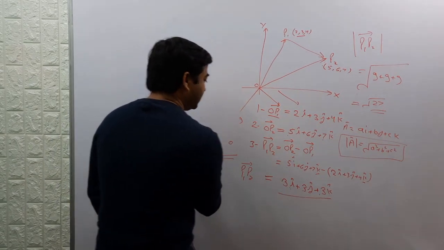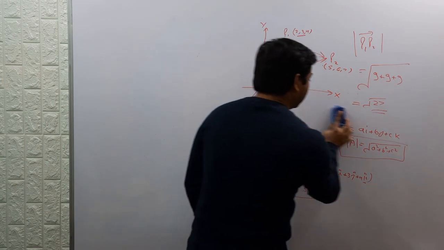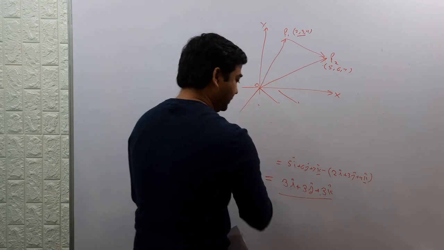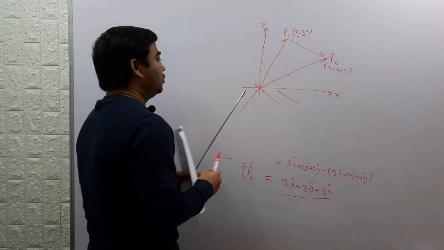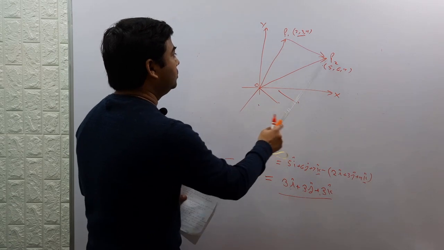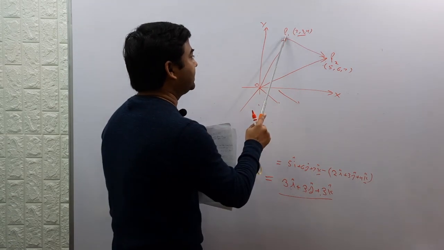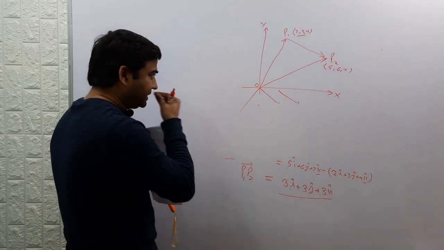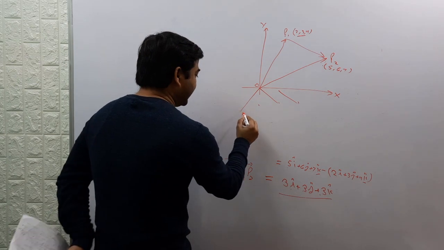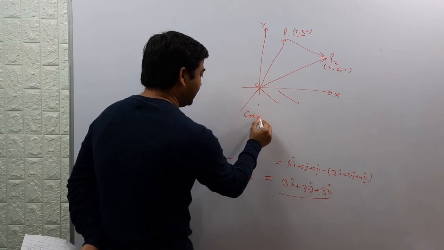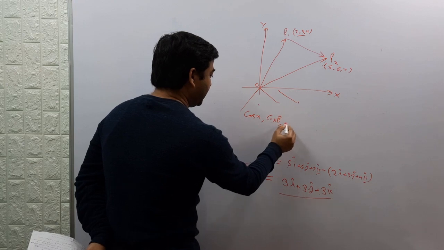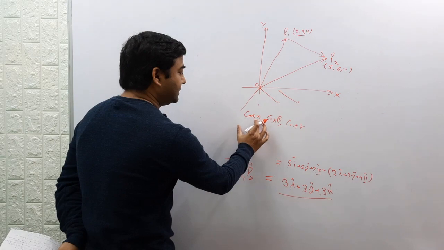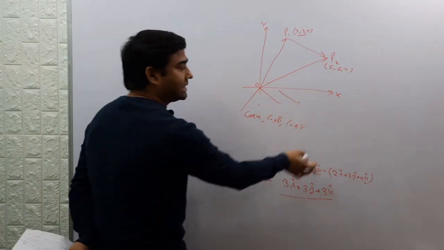Another thing we have discussed is the direction of a vector. We have three vectors, OP1, OP2 and P1P2, and we will find the direction of P1P2. We have discussed direction cosines: cos alpha, cos beta, cos gamma. Alpha is the angle between the vector and the x-axis.